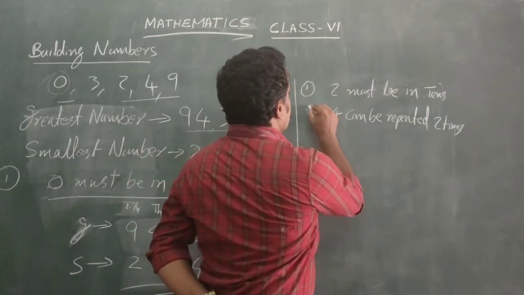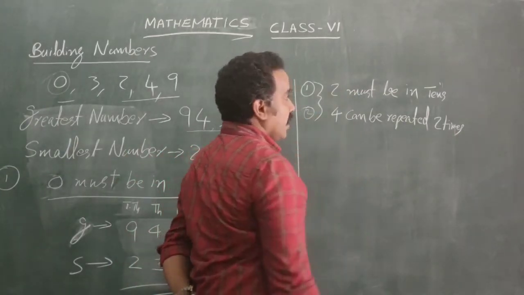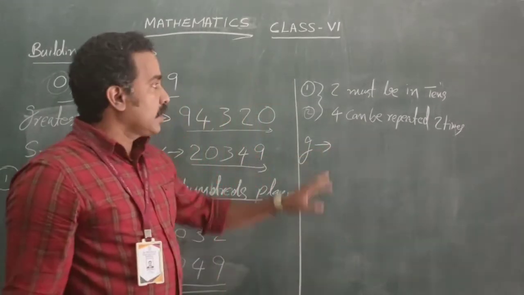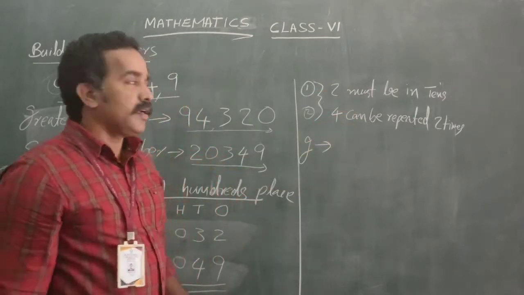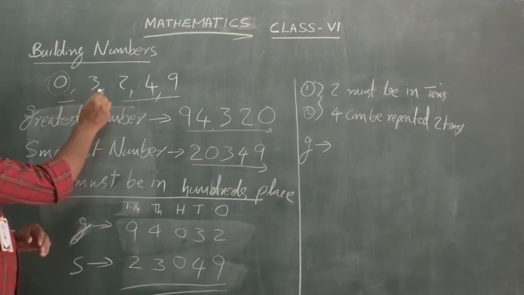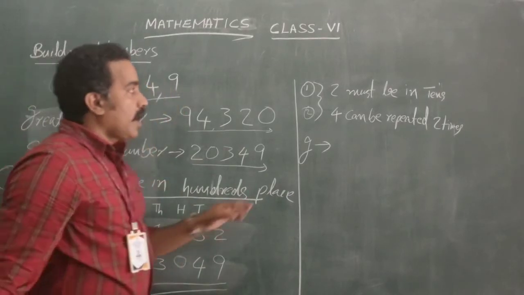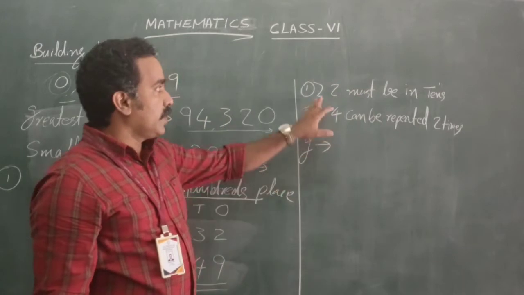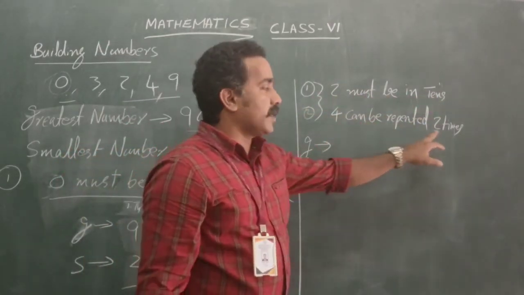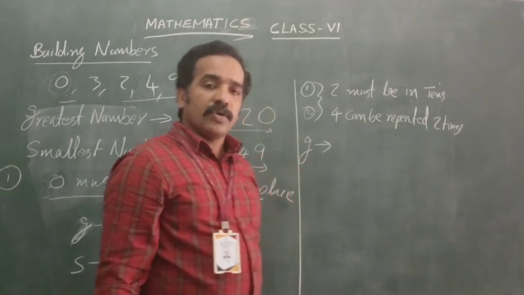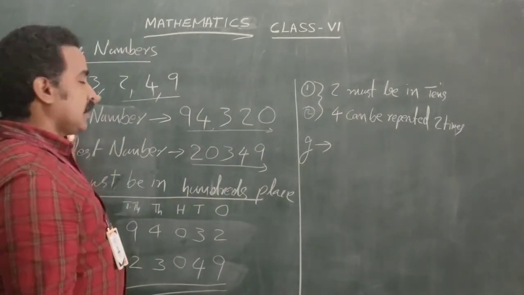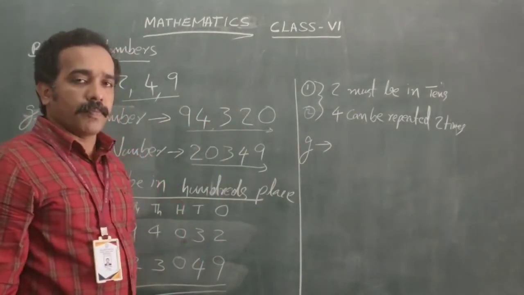So these two conditions together, if you want to make the greatest and smallest numbers following these two conditions, then the digits given are 0, 3, 2, 4, 9 and two conditions given, that is 2 must be in tens place and 4 can be repeated 2 times. So if 4 can repeat 2 times, that means we will get a 6-digit number.